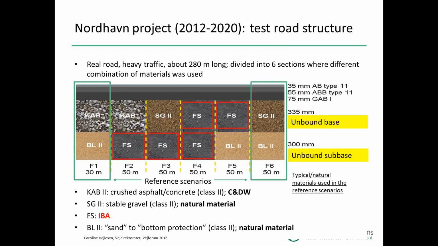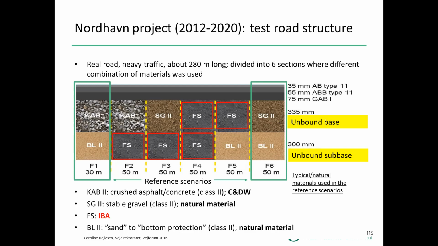There was crushed asphalt concrete, there was stable gravel, there was bottom ash, and there was sand. And we can see sections F1 and F6 marked with green. Those are the reference scenarios, meaning these sections were built using the typical or natural materials used anywhere else in Denmark.